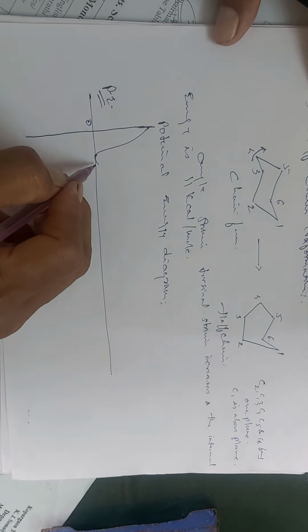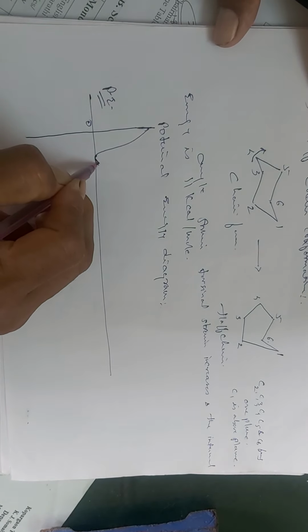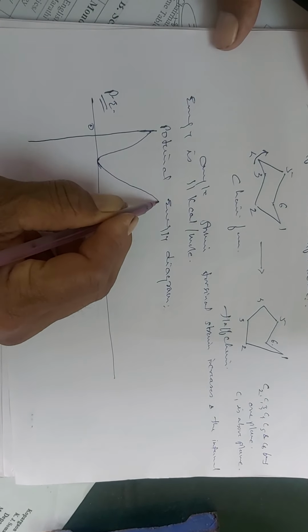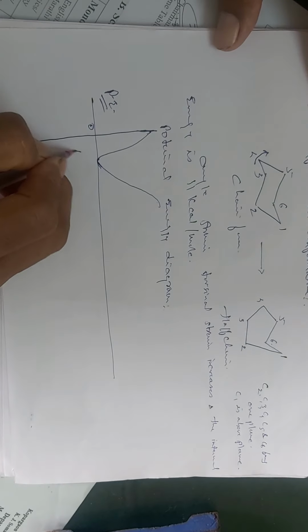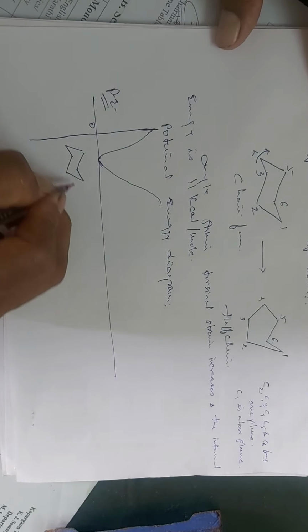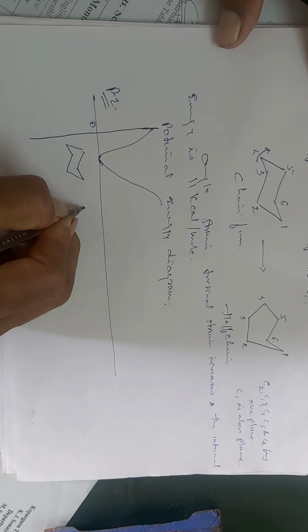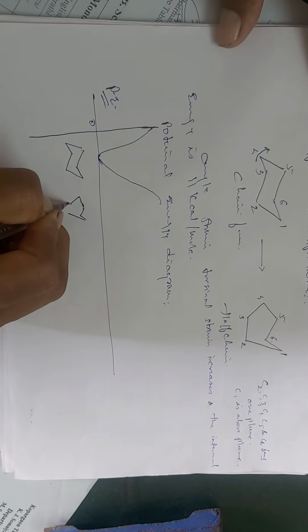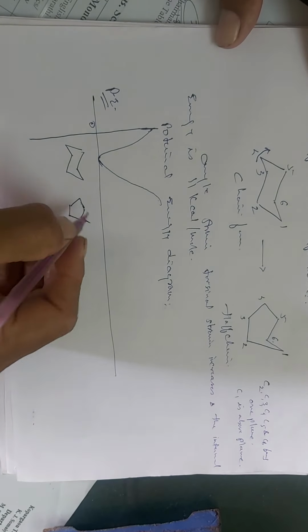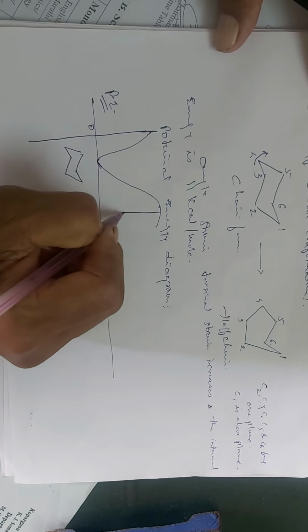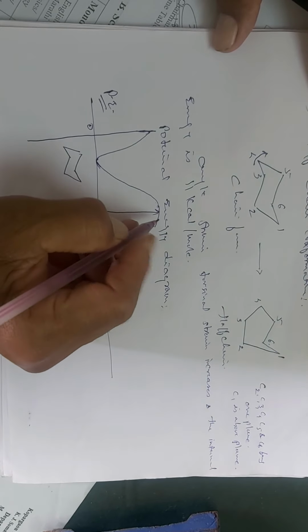And then when the chair starts converting to the other chair, it goes first of all to the half chair. Half chair means that when the chair is getting converted, it will first get converted into a half chair conformation in this way, and the internal energy will be more, that is 11 kilocalories per mole.